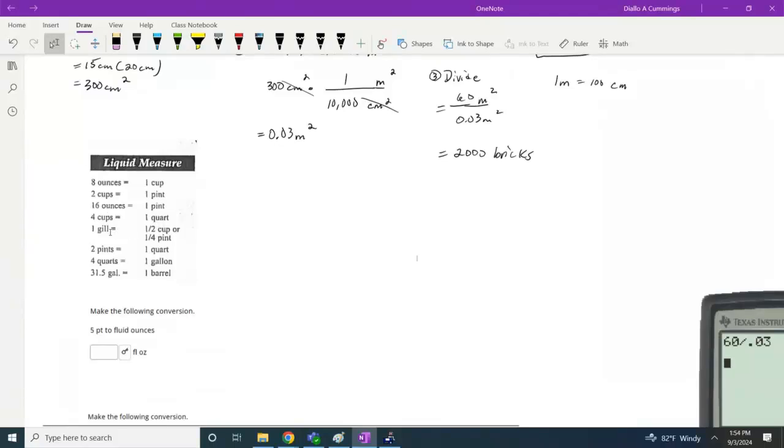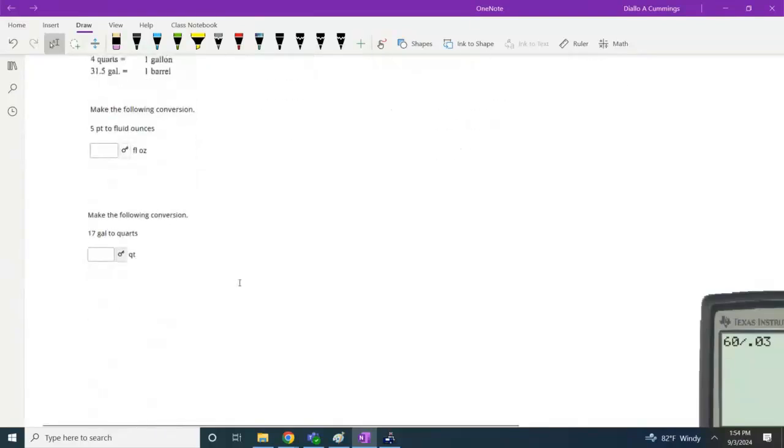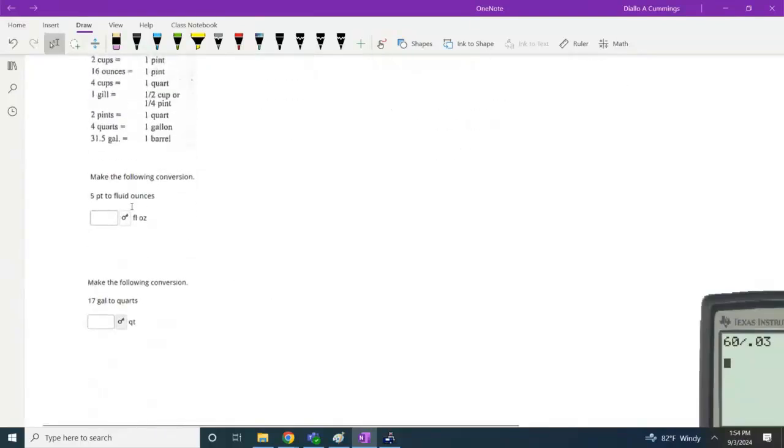To be honest, I don't even know what a gill is. I've never heard of that before in my life. But 1 gill is half a cup or a fourth of a pint. 2 pints is 1 quart. 4 quarts is 1 gallon. And then 31.5 gallons is a barrel. So I just took that snippet to answer these questions.